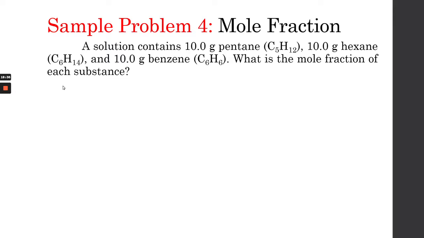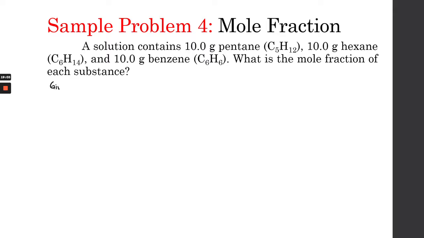Let's begin by reading the problem. A solution contains 10 grams pentane, which is C5H12. We also have 10 grams of hexane, C6H14, and 10 grams of benzene, which is C6H6. What is the mole fraction of each substance?